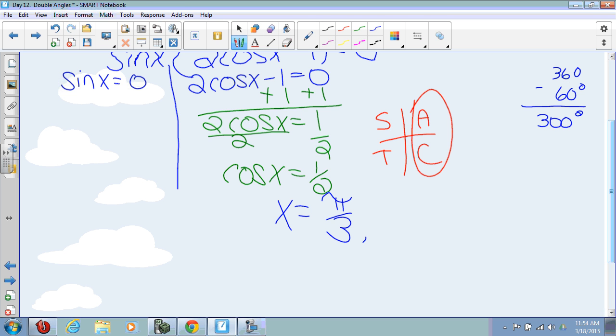So you can do the conversion, or I know that this is 2 pi. So if I take 2 pi minus pi over 3, that's going to be 6 pi over 3 minus pi over 3, 5 pi over 3. But if you want to convert 300 degrees times pi over 180, that's fine.